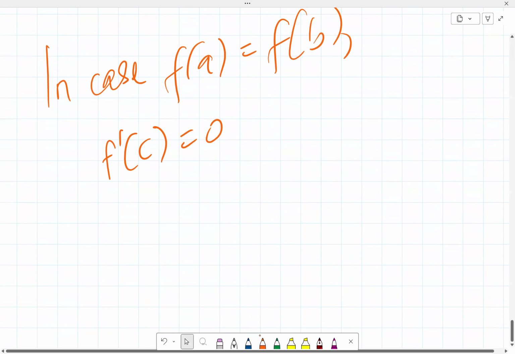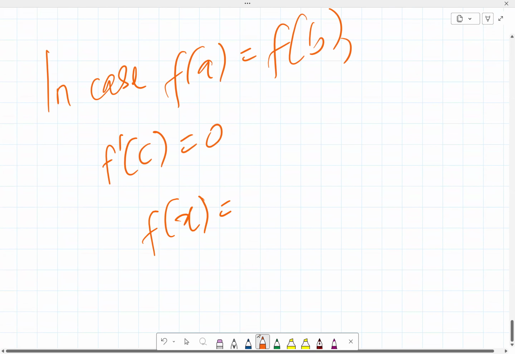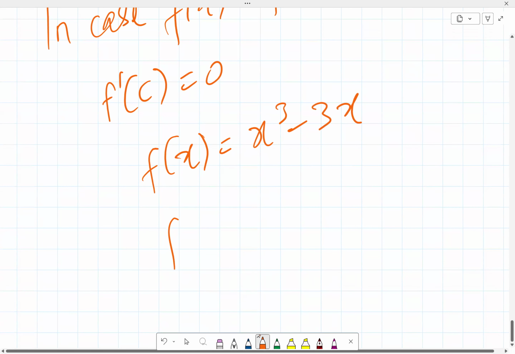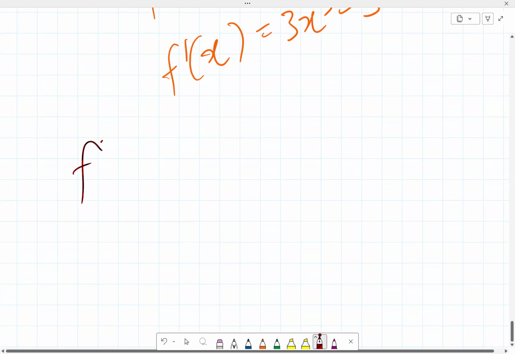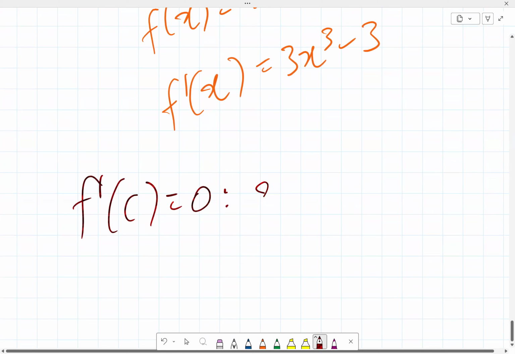And we know that f of x is equal to x cubed minus 3x. So we need f prime of x, which is 3x squared minus 3.